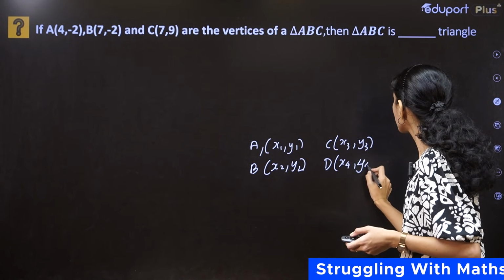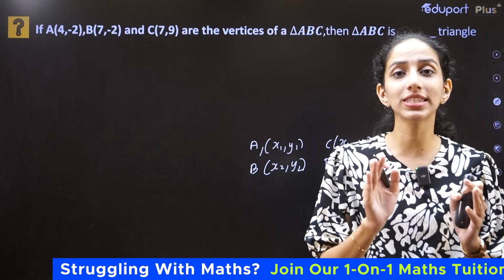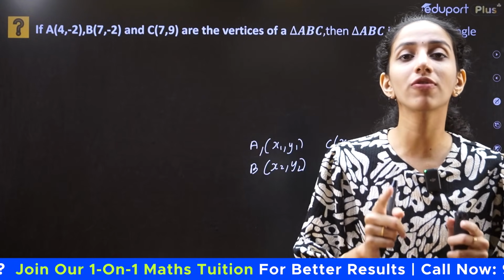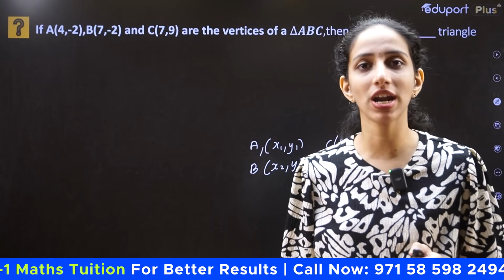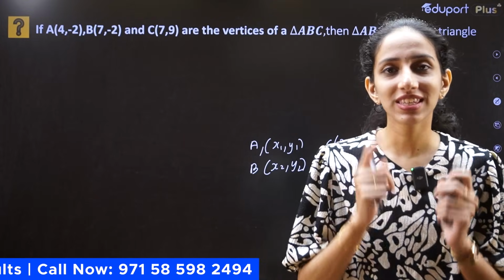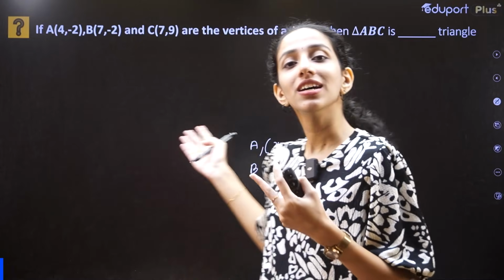If you have four vertices and the question is to check which type of quadrilateral you obtain if you join all these four vertices, how will you find that? Here also we find AB, BC, AC and CD.